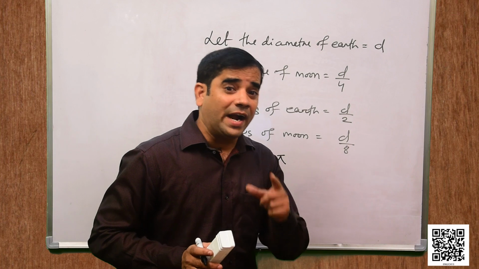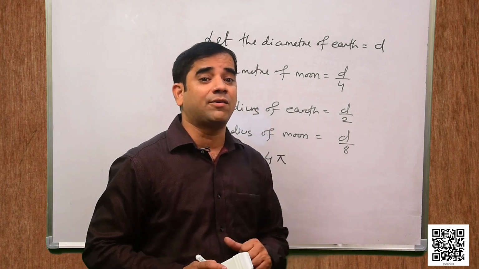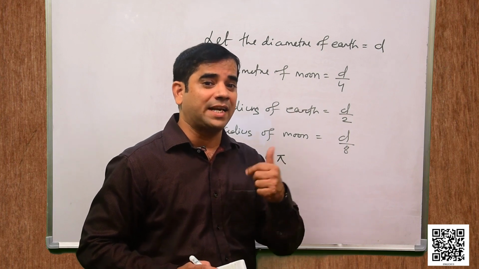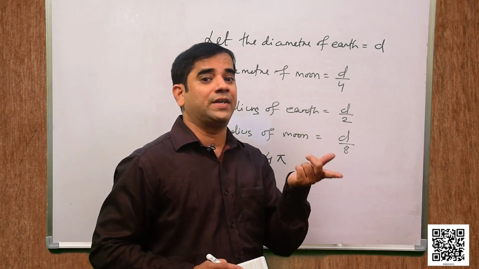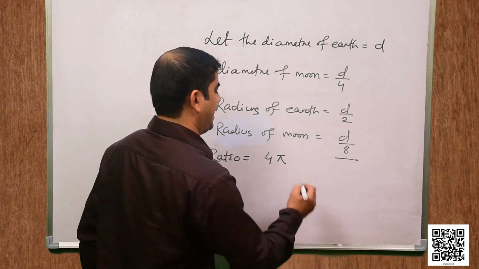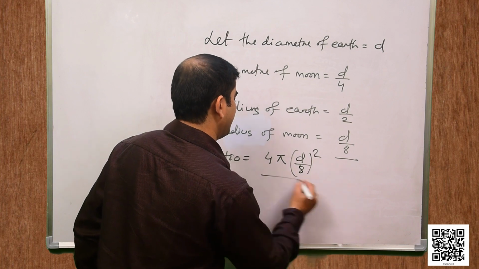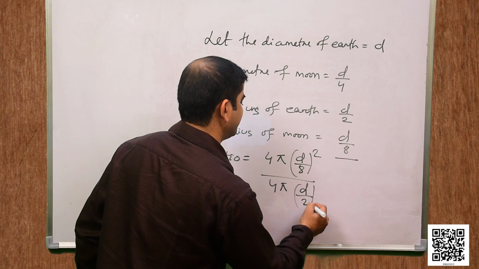See, while finding out the ratio, you have to follow the proper sequence. It is asked to find the ratio of their surface areas. That means the surface area of moon to surface area of earth. So, what is the radius for moon? D by 8. So, 4 pi (d by 8) square divided by 4 pi (d by 2) square.